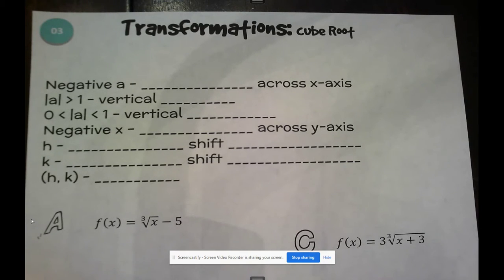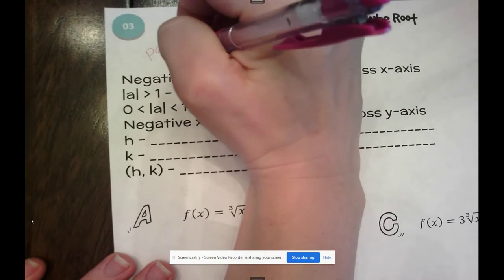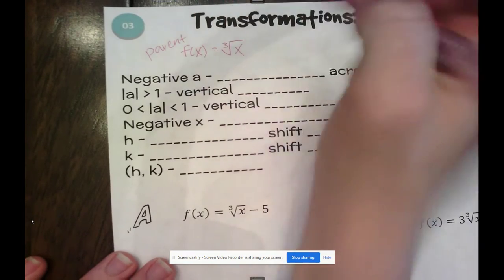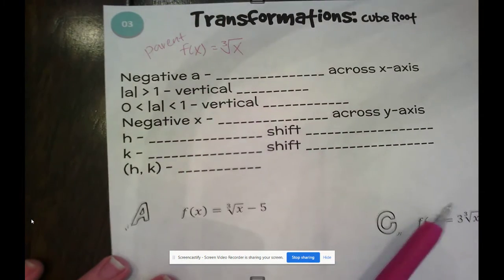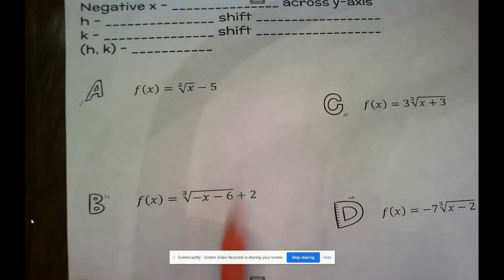Transformations of our cube root function. So we're going to look at, remember our parent function is f of x equals the cube root. Remember that's that small little 3. What transformations can we do to that?